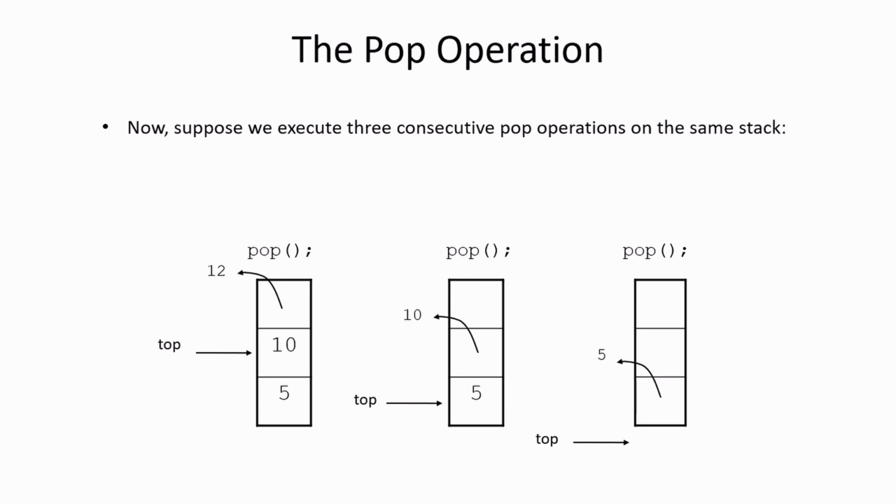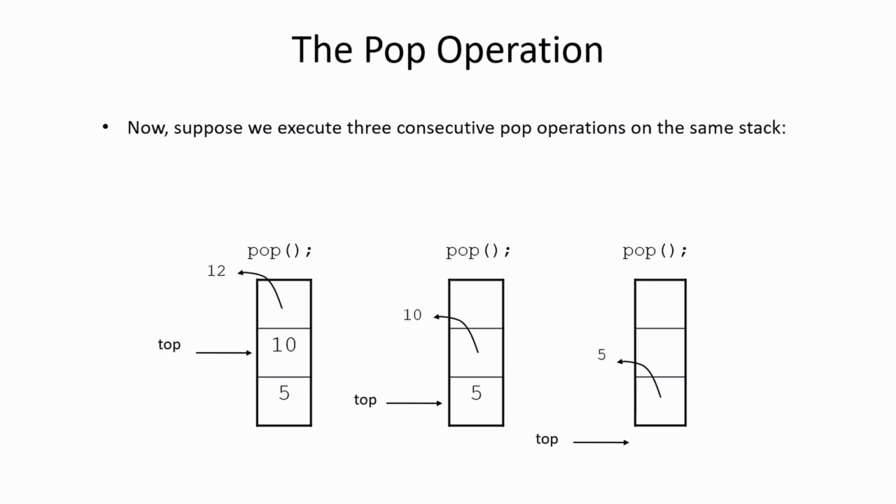Now let's look at what happens when we perform the pop operation. When we perform the pop operation 3 consecutive times, the top element is removed first, followed by the top pointer being decreased by 1, which takes place 3 times. For example, when we perform the pop operation once, the element 12, which is at the top of the stack initially, is removed and top is decremented back to pointing at 10.